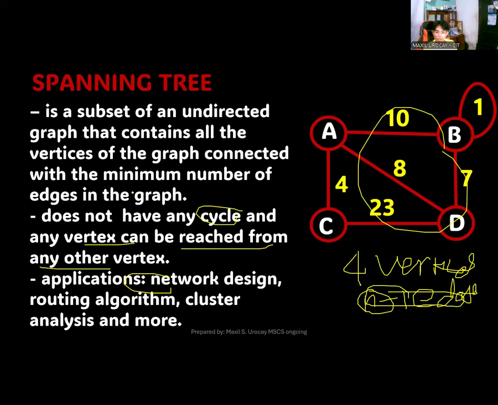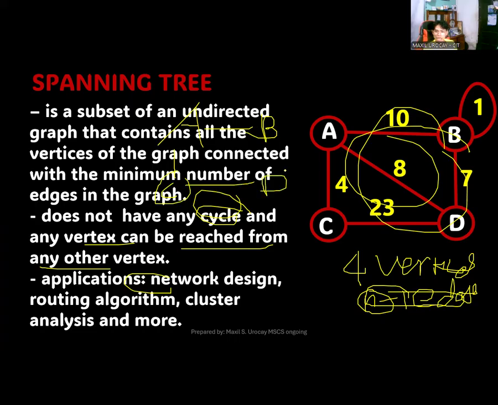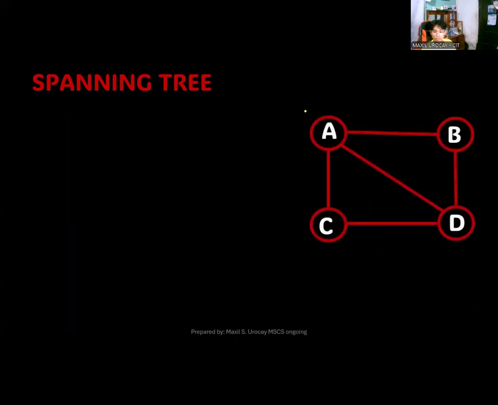And it does not form any cycle. So suppose in this spanning tree, it could be A, then B, and C, and connected to D. That is an example of a spanning tree that consists of all of those particular nodes, and your edges are n minus 1. That's how it works when we are talking about a spanning tree.